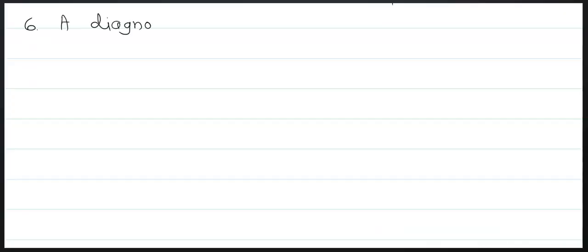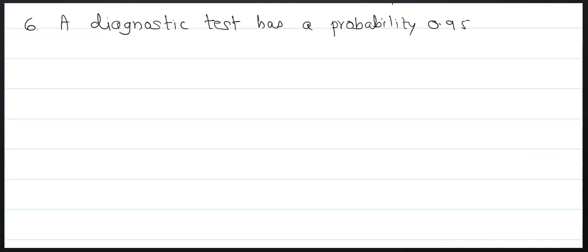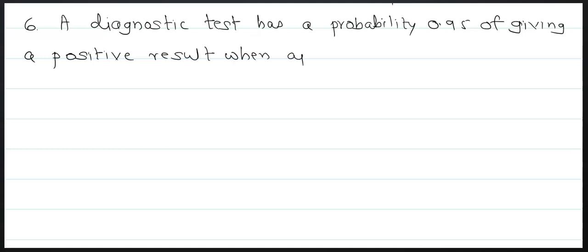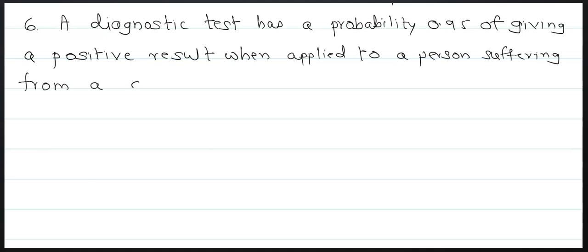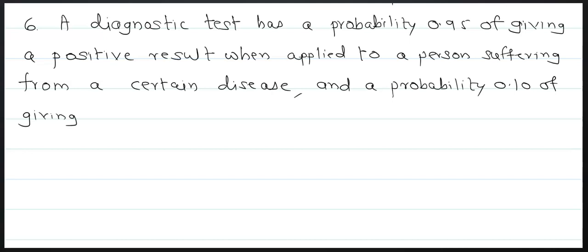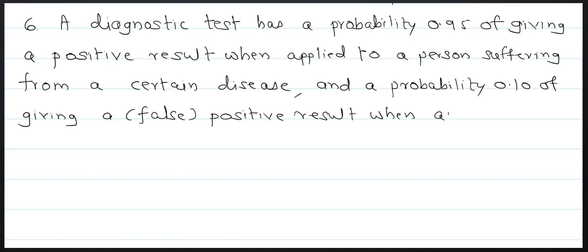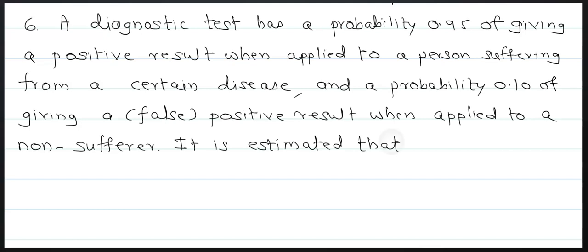Now the next problem, problem number 6. A diagnostic test has a probability 0.95 of giving a positive result when applied to a person suffering from a certain disease, and probability 0.10 of giving a false positive result when applied to a non-sufferer.